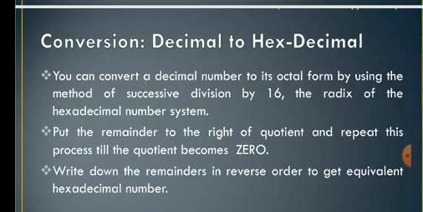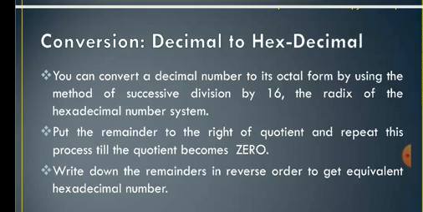You can convert a decimal number to its hexadecimal number by using successive division by 16, the radix of the hexadecimal number. Put the remainder to the right of the quotient and repeat this process till the quotient becomes 0. Write down the remainders in reverse order to get the equivalent hexadecimal.